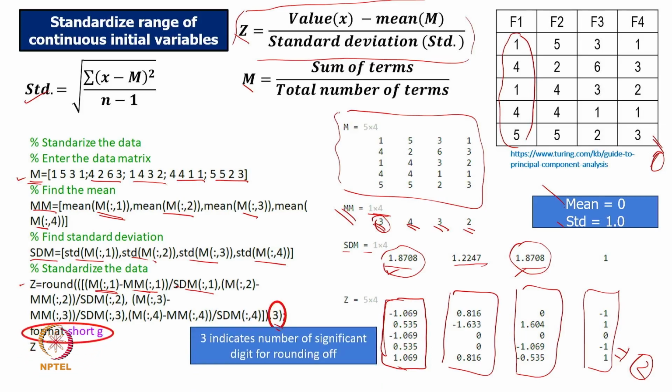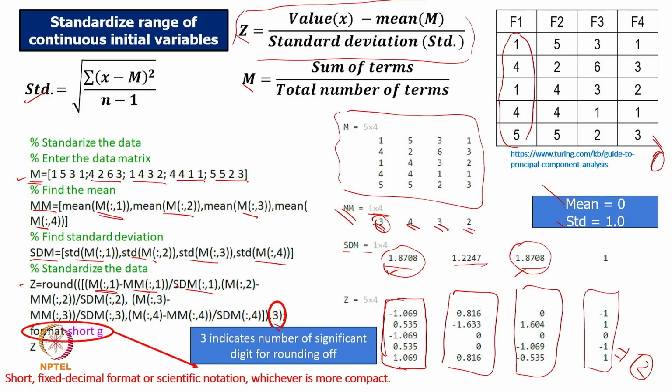Now, what is this 3 and what are we doing here? Generally, we try to keep a restriction on the number of decimals, and that is why here we are keeping only up to 3 decimals, and that is what the rounding up to 3 decimals given here is. Another thing is that we can decide the format directly, short G, and if it is a fixed format by default in MATLAB, or we can change those things also.